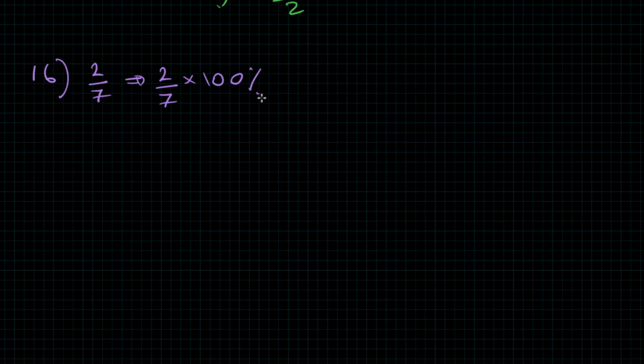So this is how you represent a fraction as a percentage. Now in the calculator, you first press 2, then divided by 7, then multiply, because now you have the answer for this one, by 100.